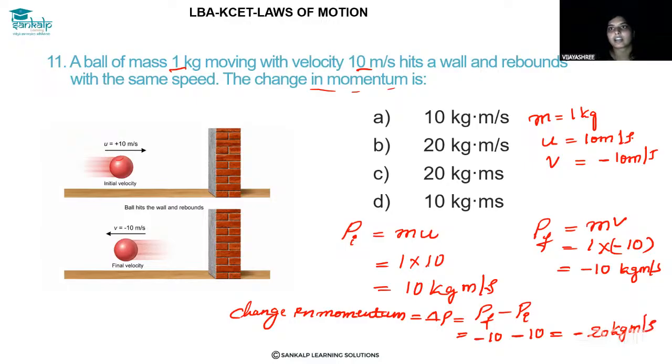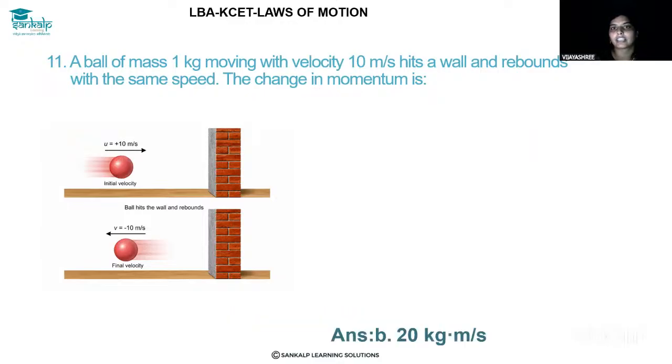This is the correct answer. So the right answer here is minus 20 kg meter per second. If we take the modulus of delta p, it will be 20 kg meter per second. So the right answer here is option B, 20 kg meter per second.